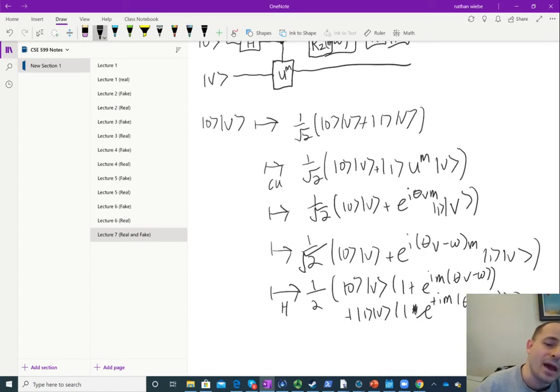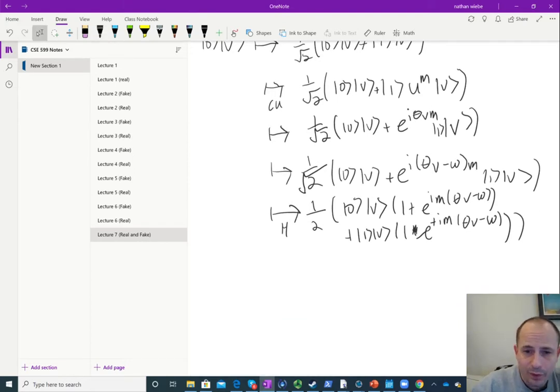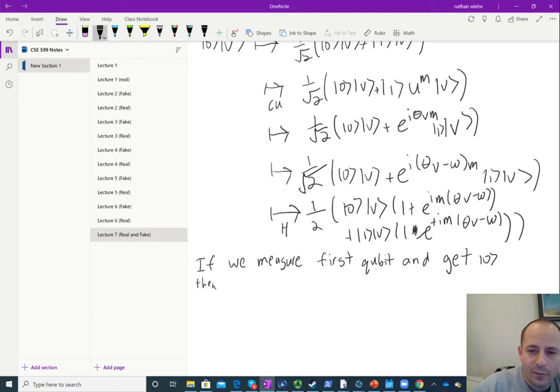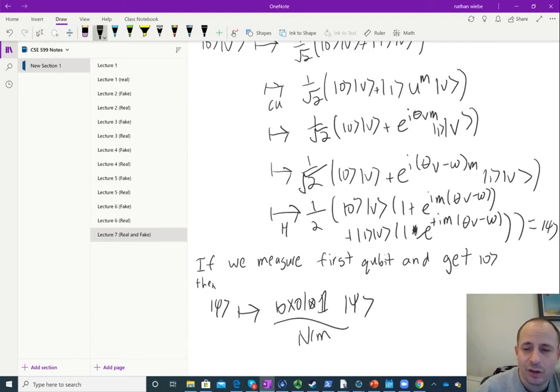Okay, great. And so now, let's assume that we measure the first qubit and get 0, then we map the state. Let's call this thing psi over here. Then psi maps to |0> tensor identity on psi, divided through by some normalization condition.